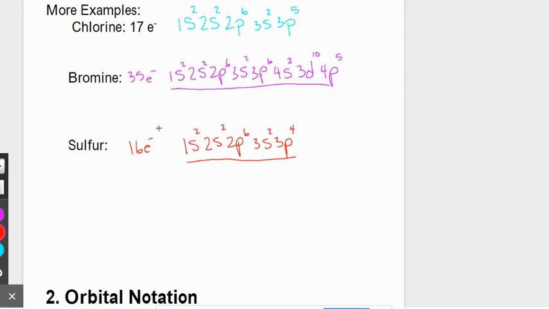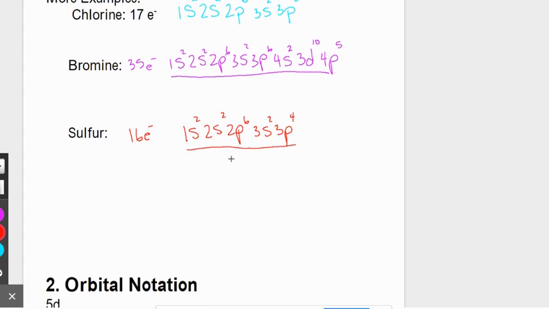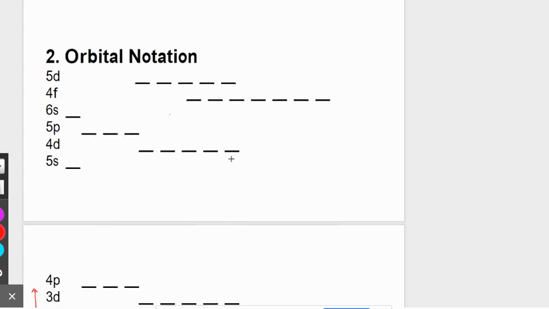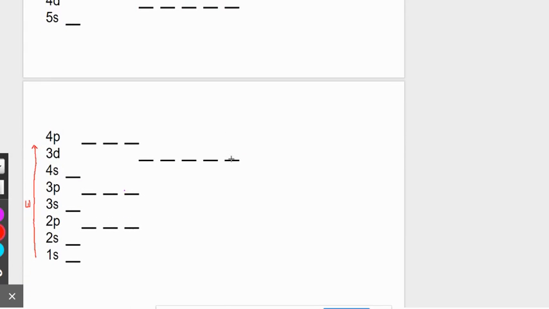Sulfur has 16 electrons. Here's our electron configuration from last time, but we don't really need that. What we're going to do is use this picture to add our electrons to each line, 1 spin up and 1 spin down, and we're going to fill up each line until we get to 16.